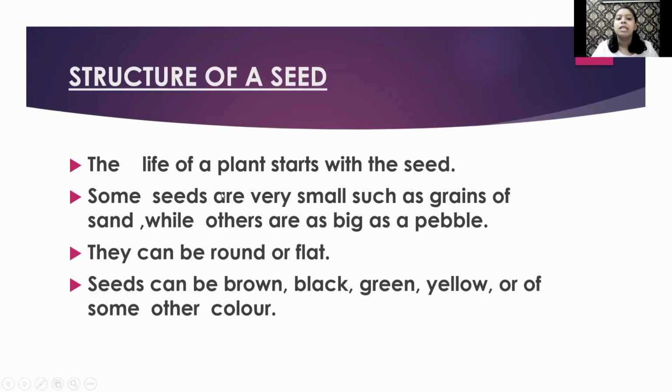Now, some seeds are very small, such as grains of sand, while others are as big as a pebble. We all know how a pebble looks, so it will be quite big. They can be round or flat.